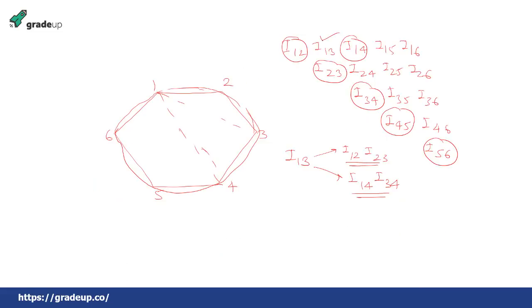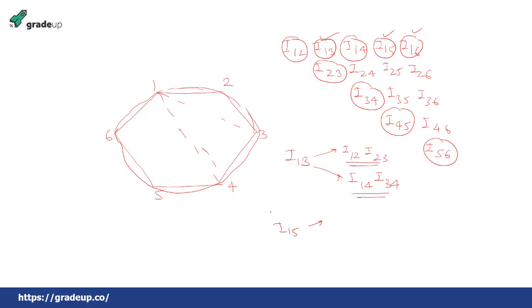Then similarly, I15, I16, all the links we can find out. Similarly, we can find all the links that we require by doing this. I will tell you just one more, rest you can find yourself. Suppose we move on to I15.